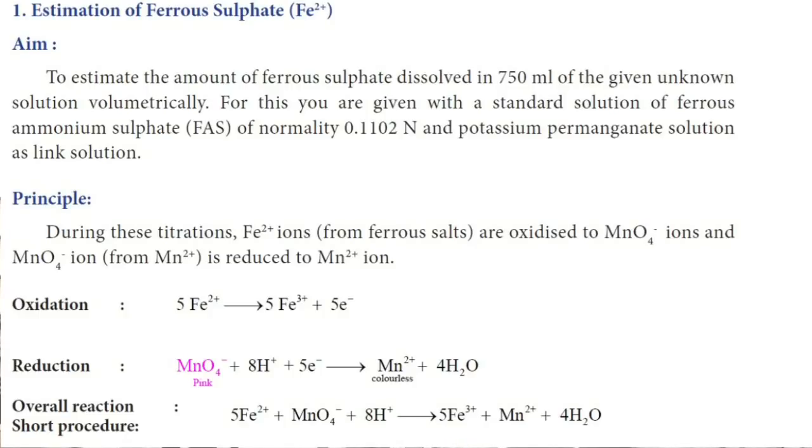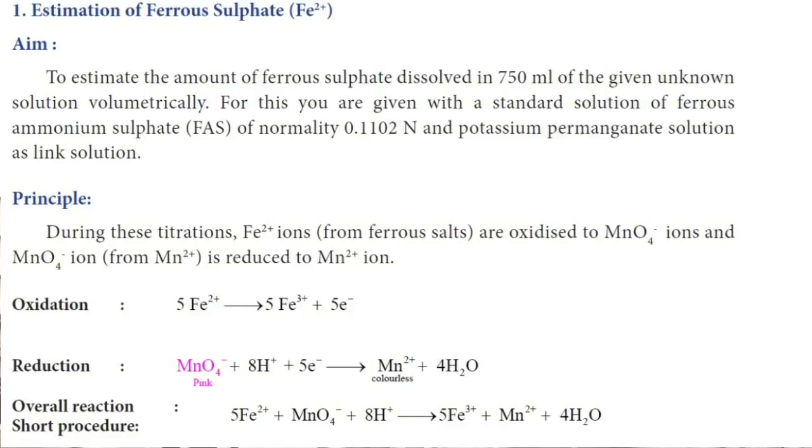A redox reaction can be written as two half reactions, the oxidation and the reduction. For the oxidation reaction, ferrous sulphate is oxidized to ferric sulphate. So you can see here Fe2+ is losing an electron to be oxidized to Fe3+.